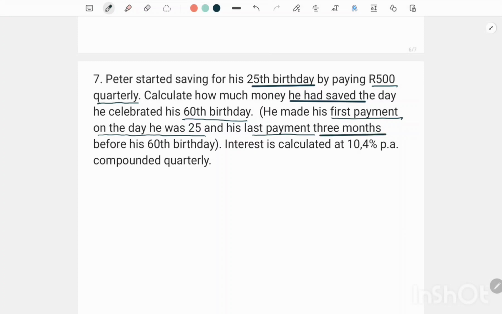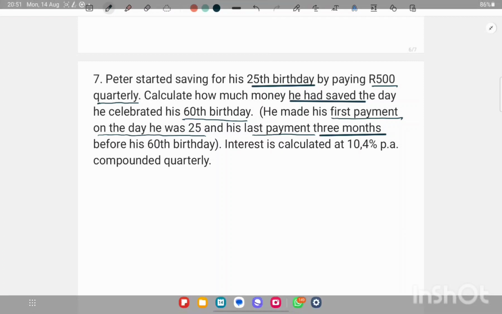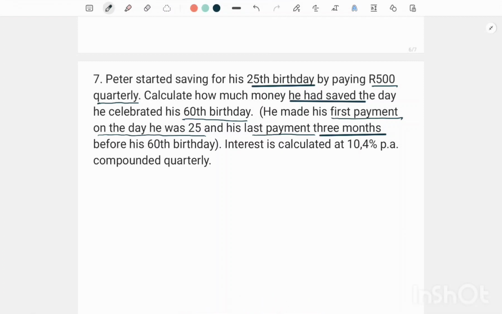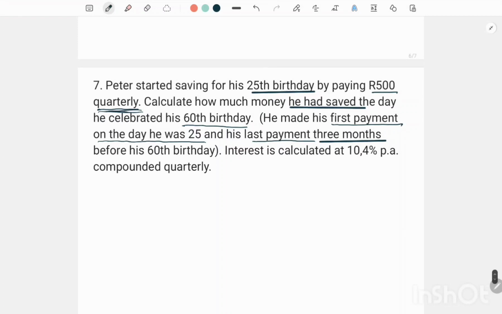So this 3 months before is the same as, like, 1 month before, 1 month after. It does not have any effect more on your period, because remember, it's quarterly, and we've got 3 months in each quarter.